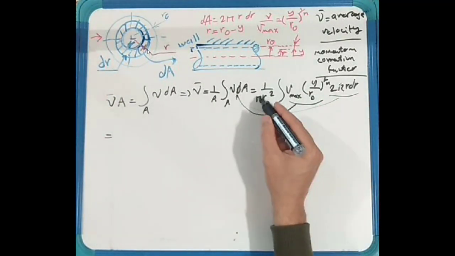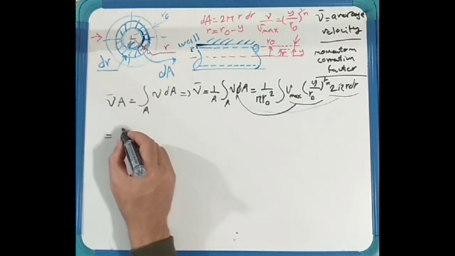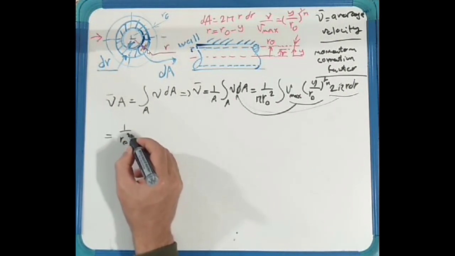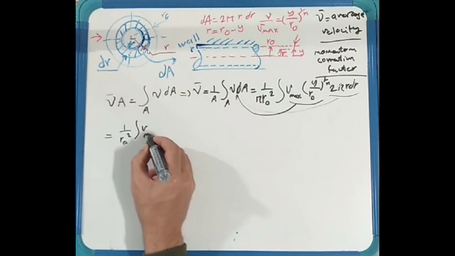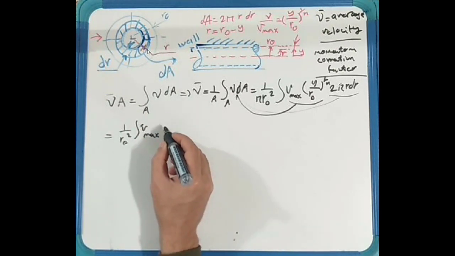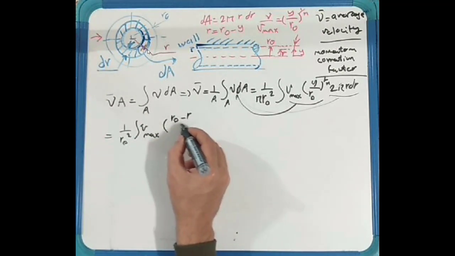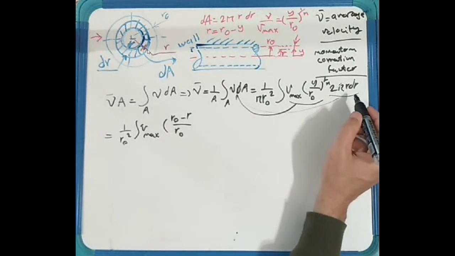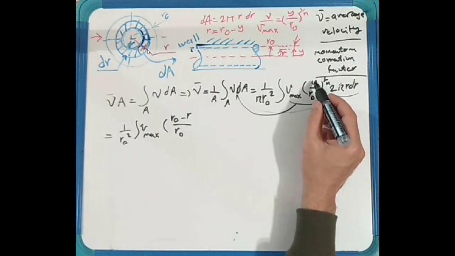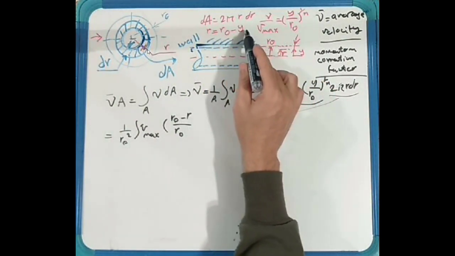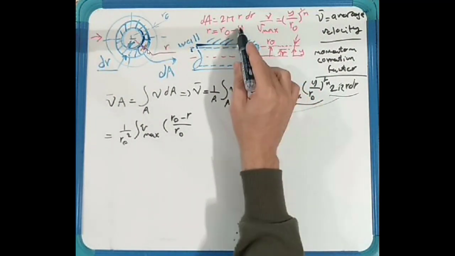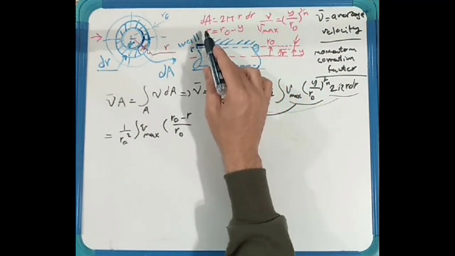This π will eliminate this π. I have 1 over R0² integral of v max times R0 minus r over R0, if I put this equation, y would be R0 minus r.